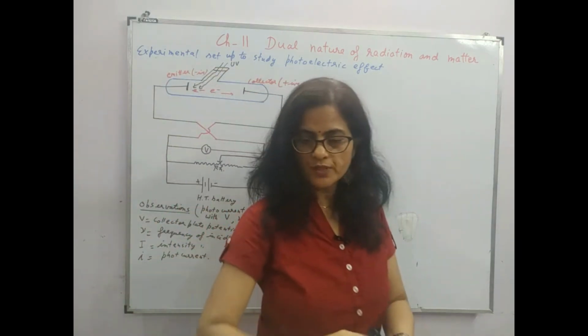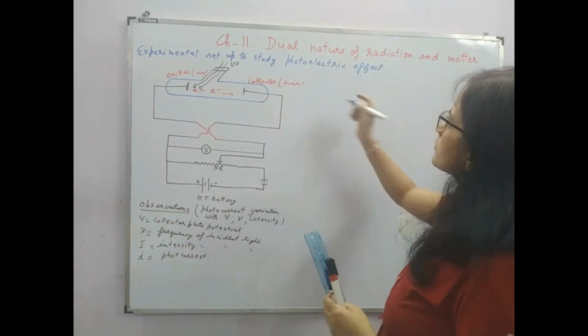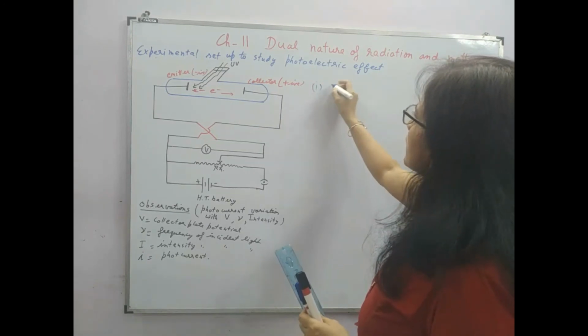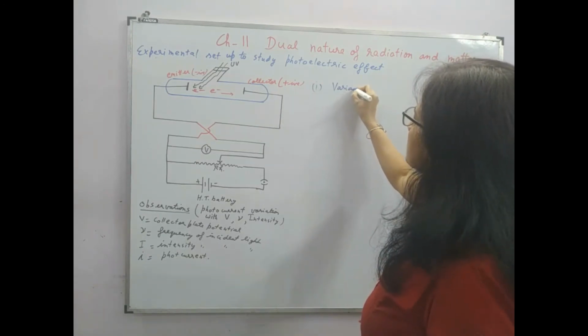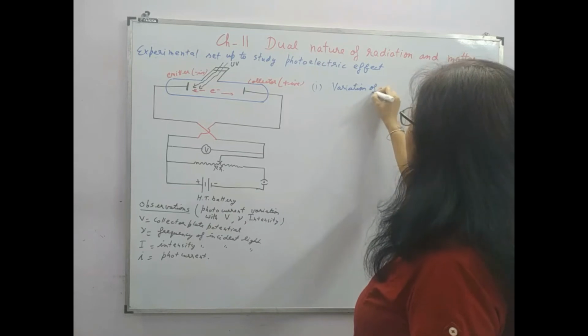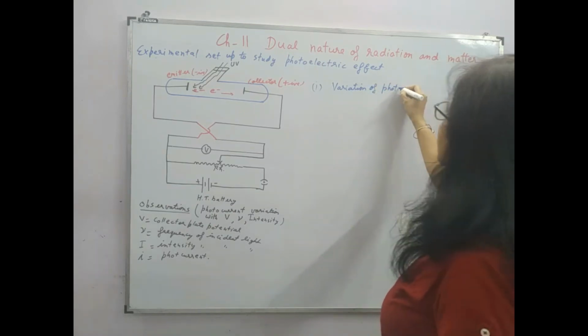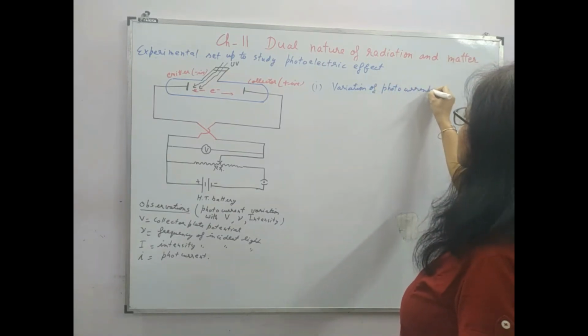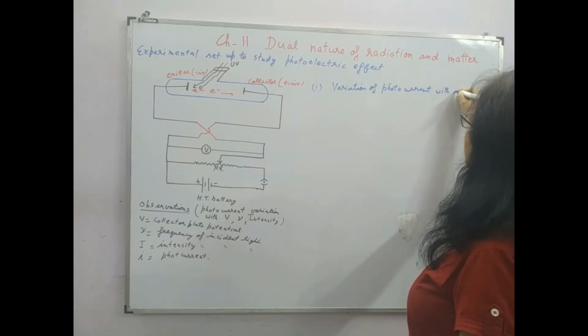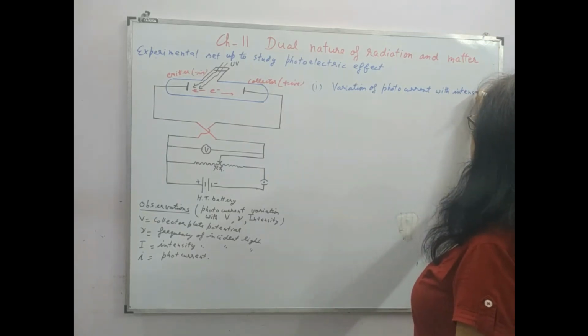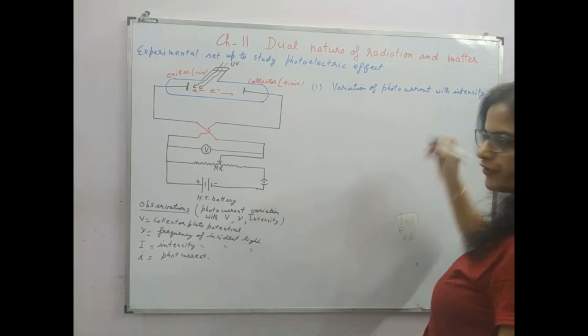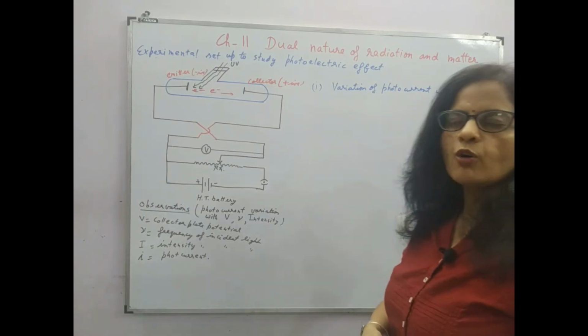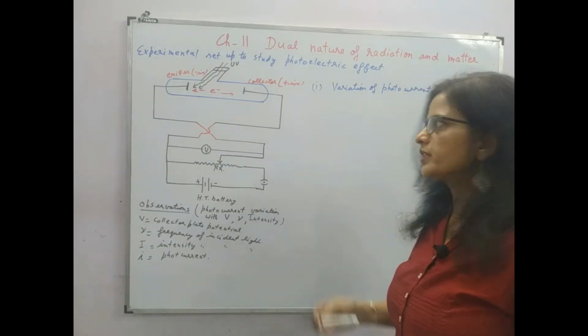So the first observation is the variation of photocurrent with intensity of incident light. So how can we vary the intensity?